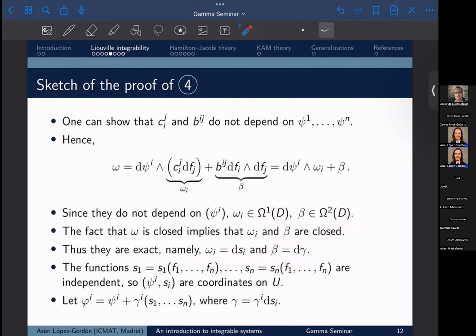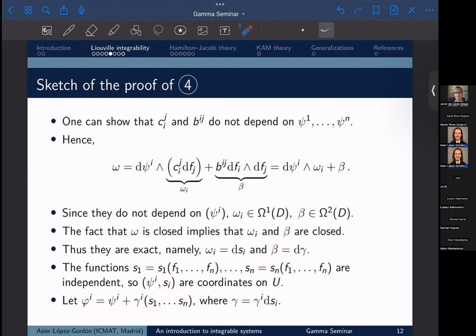One can also check that these functions Si must be functionally independent, and then we can use them as new coordinates on U. So instead of coordinates F, we will now use coordinates Si. And now we make a shift on the angular coordinates in this way.